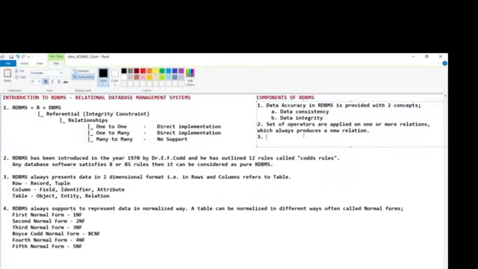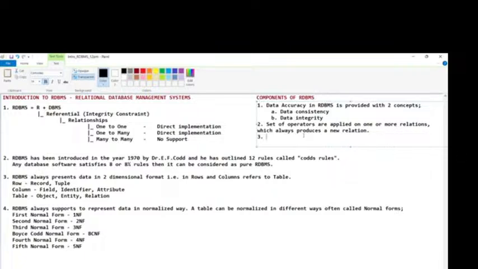You understand? That is the reason why it is said that a set of operators are applied on one or more relations, which always produces a new relation.